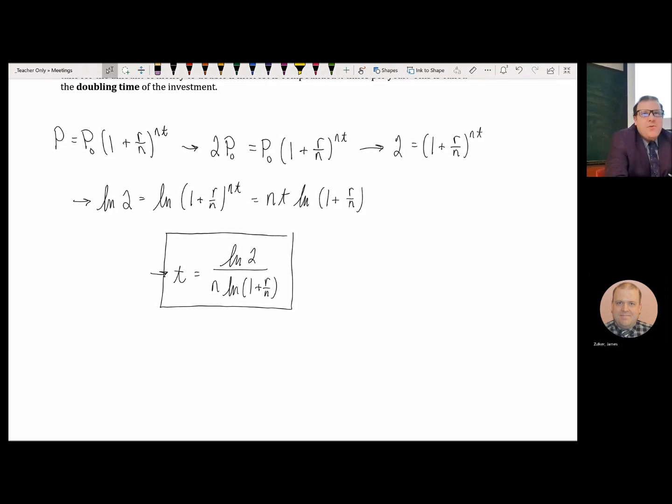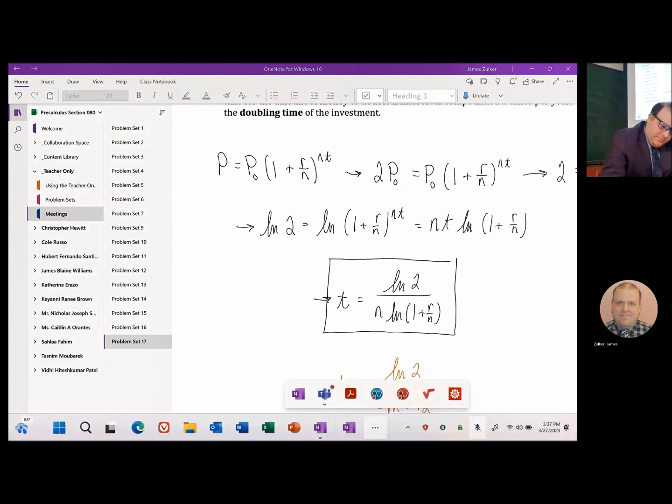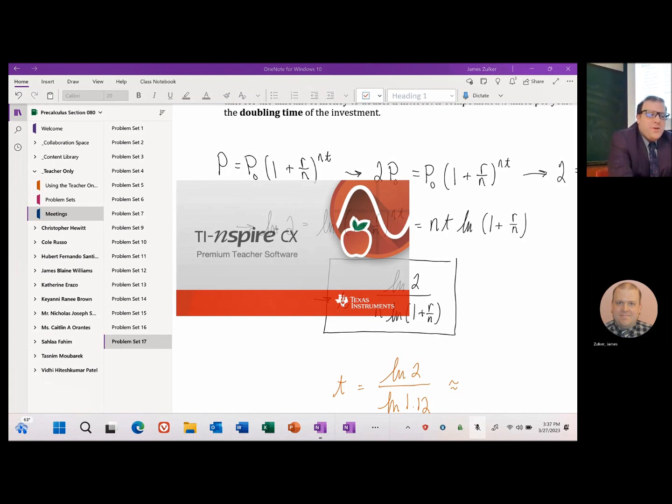If we take as an example compounding annually at a rate of 12%, you get log 2 over log of 1.12.